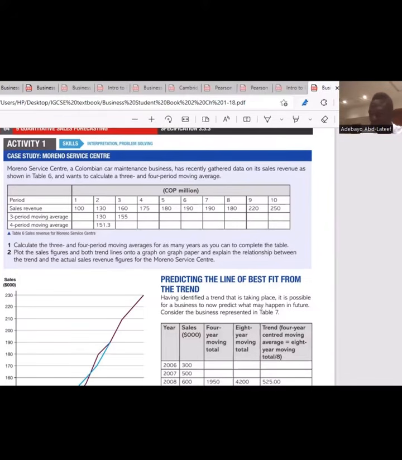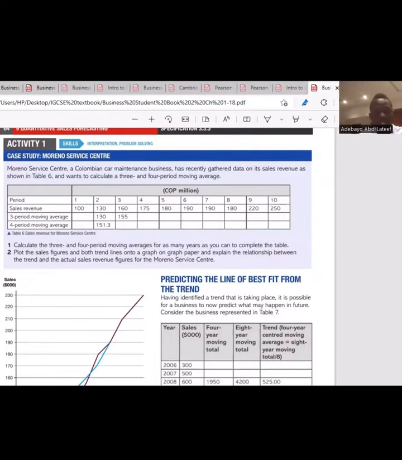The sales revenue, we have for year 1, 100, year 2, 130, year 3, 160, year 4, 175, year 5, 180 to year 10. So they said we should calculate the 3-period moving average.